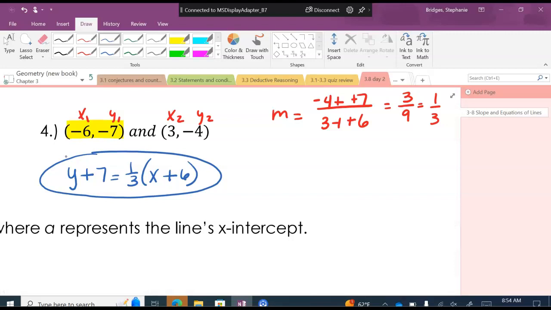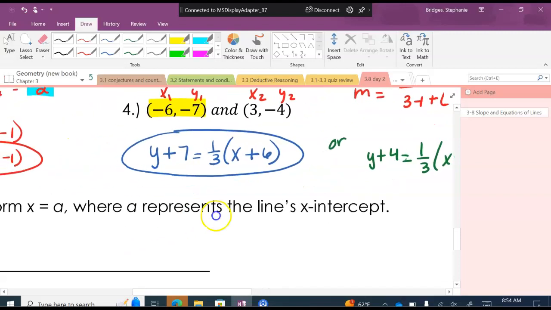So if you're given a slope and a point, you plug it in. If you're given 2 points, you need to find your slope first, and then you can plug it in. You could also have written this one like this, and again, you don't have to write it twice, but it could be y plus 4 equals 1/3 times x minus 3. That would also be an equivalent equation.